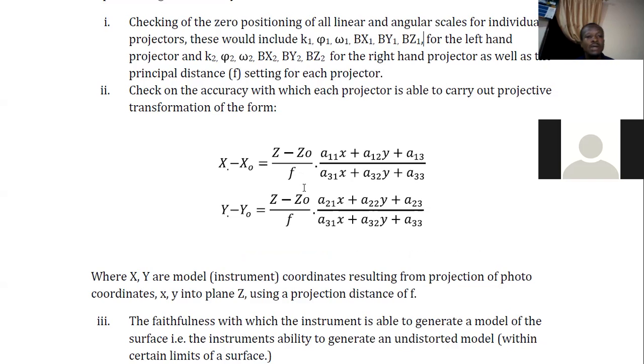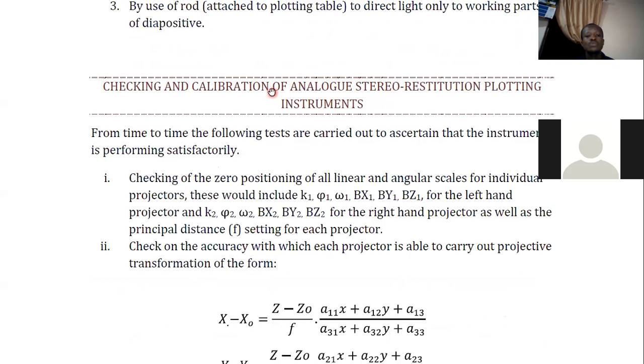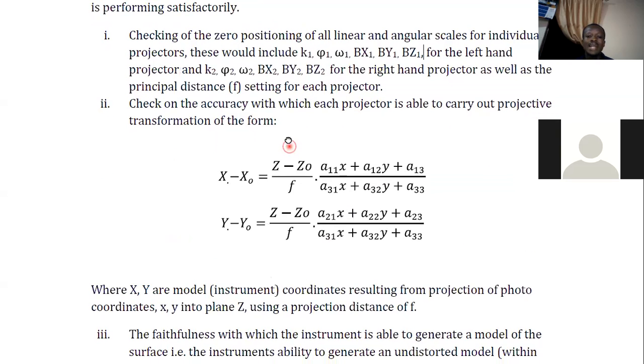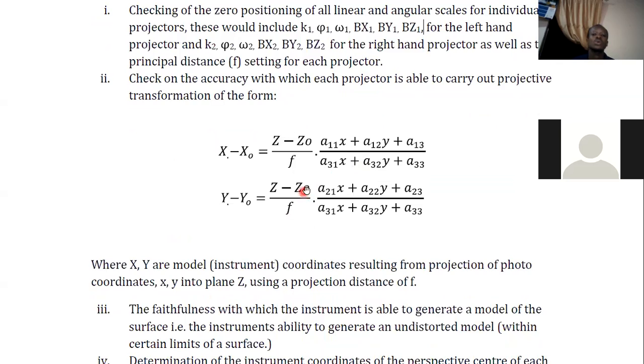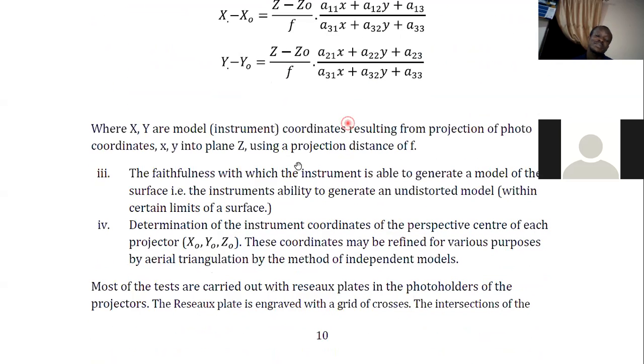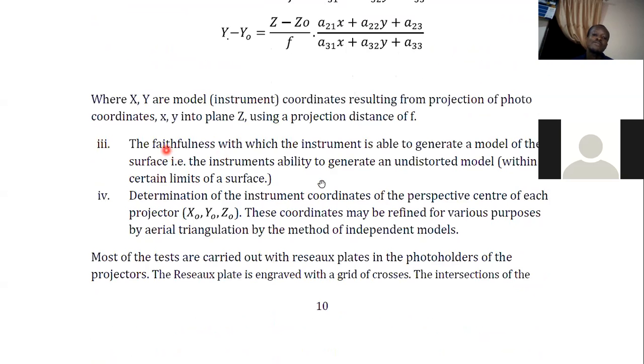And as part of our checking of whether the instrument is okay or not, we need to check on the accuracy with which it does this so-called projective transformation. The third one is the faithfulness with which the instrument is able to generate a model of the surface, the instrument's ability to generate an undistorted model.